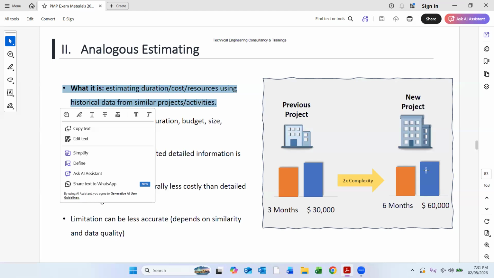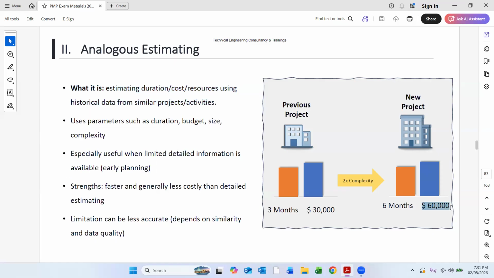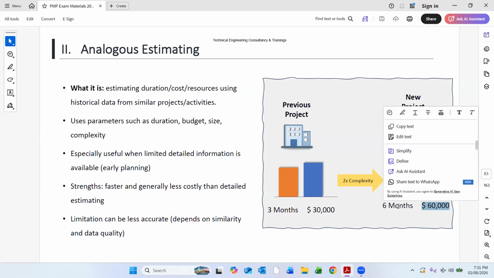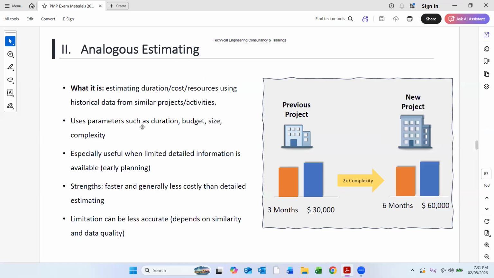If we have a new project with 2 times the complexity, we can estimate 6 months and a cost of $60,000. So this is called analogous estimation. If we have previous data, we can easily make an estimation for the new project.